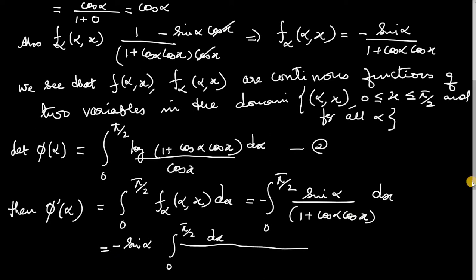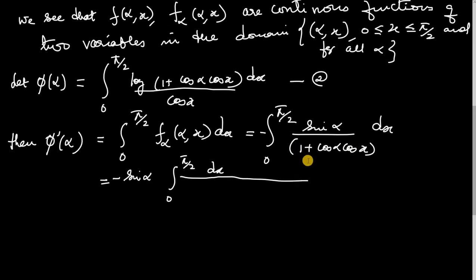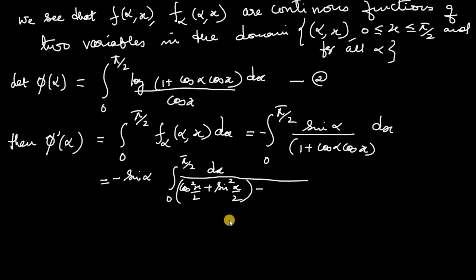now here, like what we have done in the previous problem also, we have cos x here. Then this one here, that is 1, can be written as cos square x by 2 plus sine square x by 2, as we know that cos square theta plus sine square theta is 1. Then plus cos alpha into cos x, which can be written using a trigonometric relation as cos square x by 2 minus sine square x by 2.